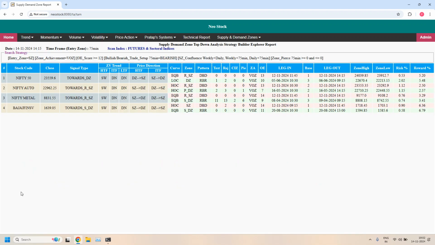In these 4 stocks, the 75 minutes entry supply zone is part of the daily supply zone, both together again part of the weekly supply zone. And the weekly trend is sideways in all. There is no need to check for weekly EMA confluence because it does not give any additional advantage. Nifty 50 is also part of the weekly zone. So Nifty is having 75 minutes, daily and weekly confluence.